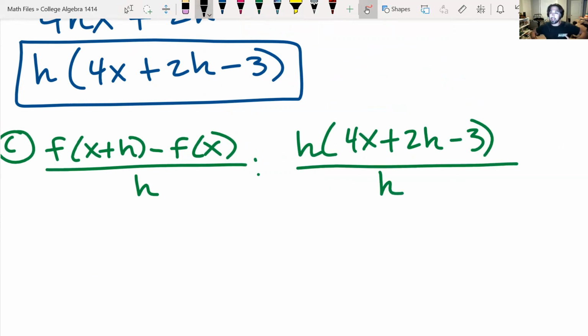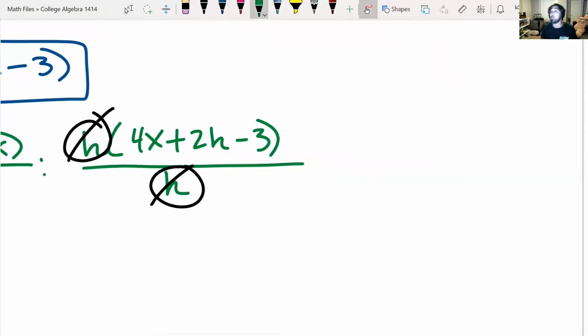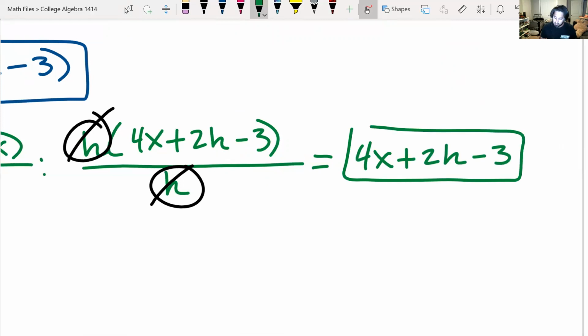And look at what magic happens here. This h, gone, gone, and we are finished. And there it is. This would give us the derivative of the original function, meaning we could find the slope at any given point or value of x. But again, we don't worry about that right now. We just worry about all the heavy algebra.